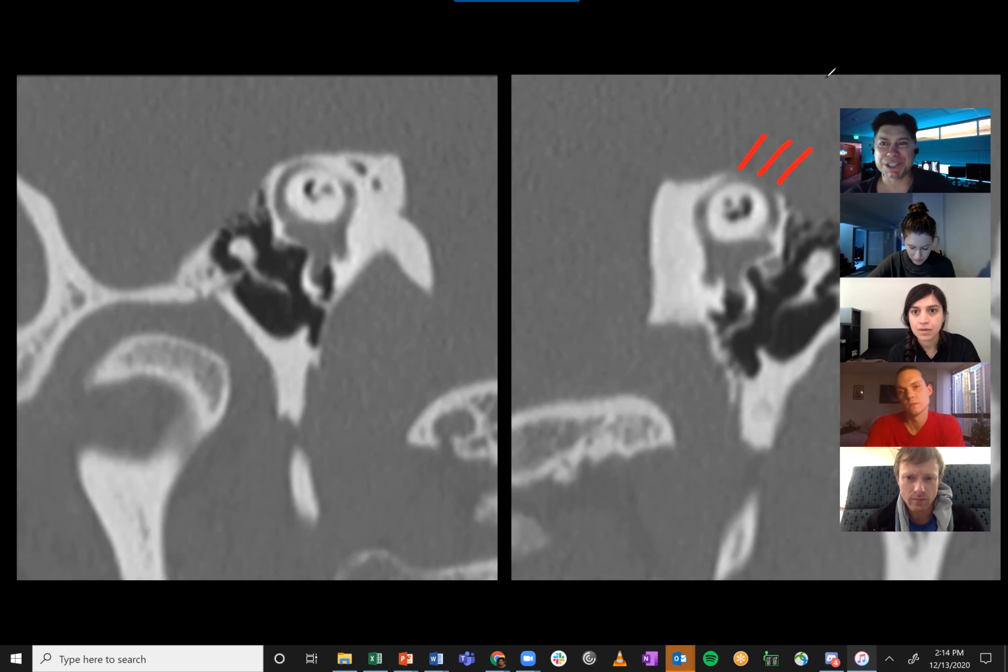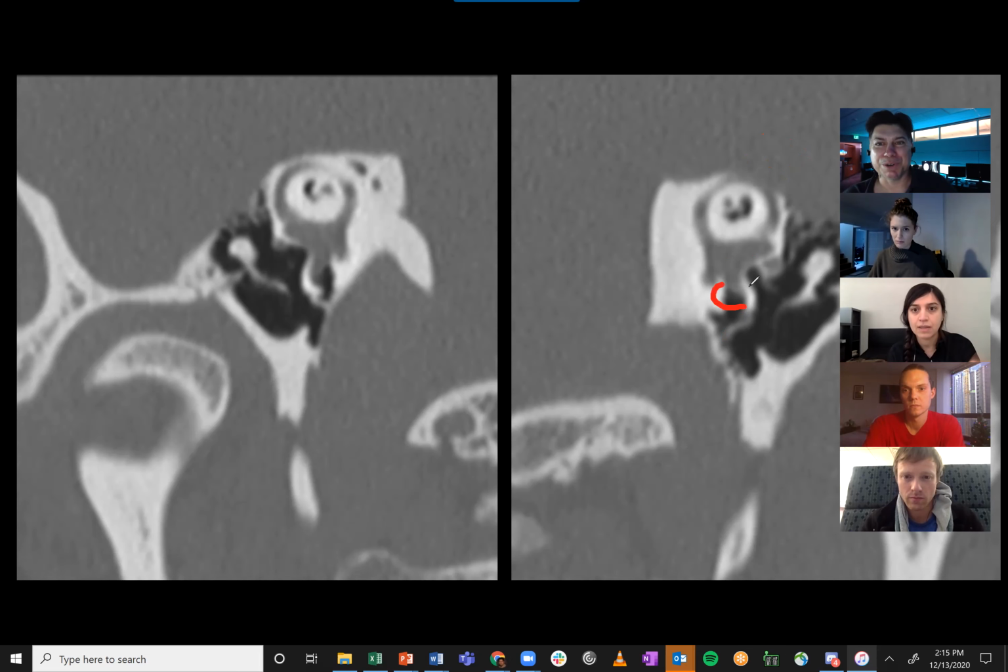So how might that guy present clinically? With vertigo, any kind of dizziness, weird things like that. We sometimes talk about a third window effect. What are the two windows that we normally see? Do you know what that one is and what that one is? Sure. So the one inferior is the round window.